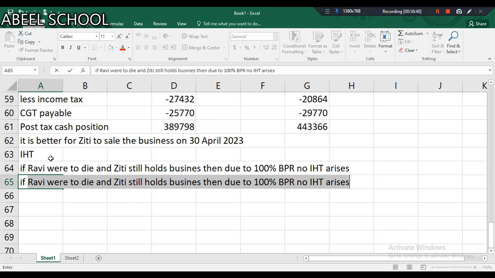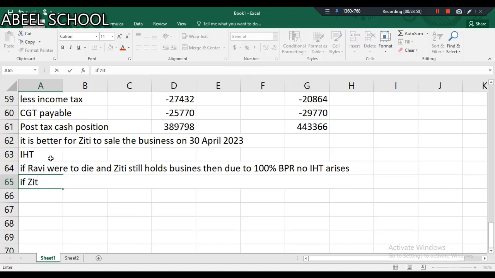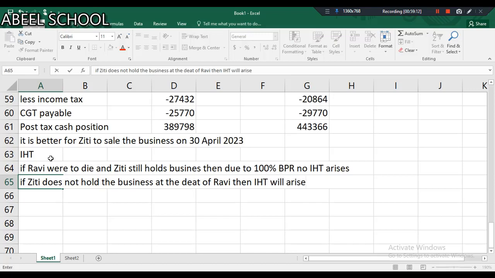If ZT does not hold the business at the death of Ravi, then IHT will definitely arise.